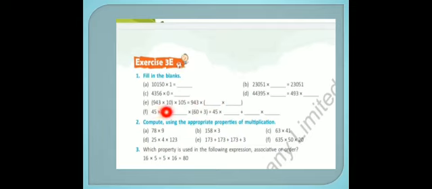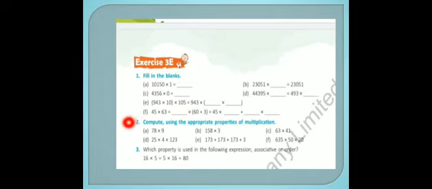Here we are looking at 943 multiplied by 10 into bracket multiplied by 105. So you can use the associative property here, or you can use the distributive property for f. All these sums use properties which we have studied just now. You have to use them to find the answer.